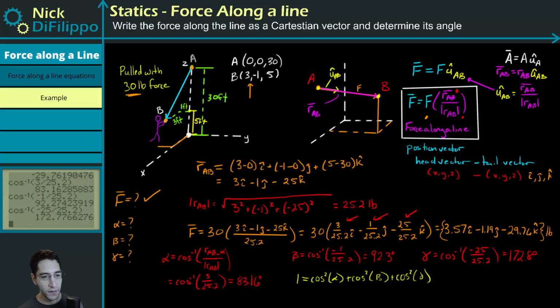So I'll have the cosine of 83.16 squared plus the cosine of 92.3 squared plus the cosine of 172.8 squared. And so this should get me about 1. Yeah, it gives me about 1. So these are valid cosine angles.